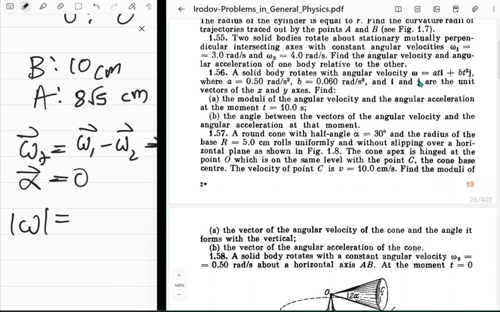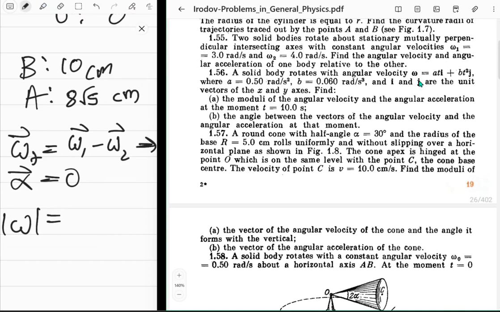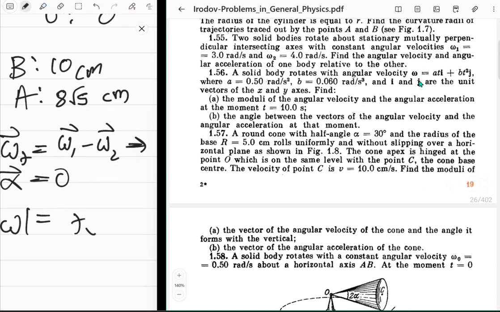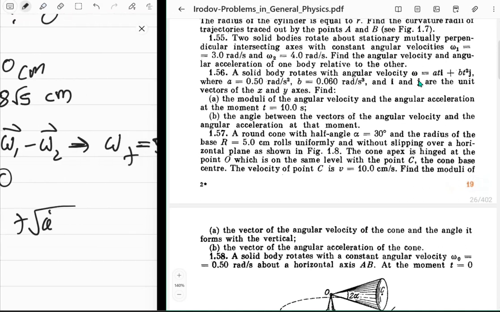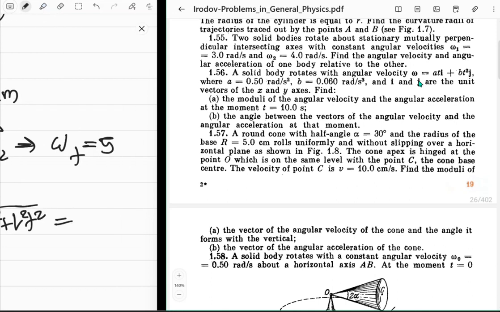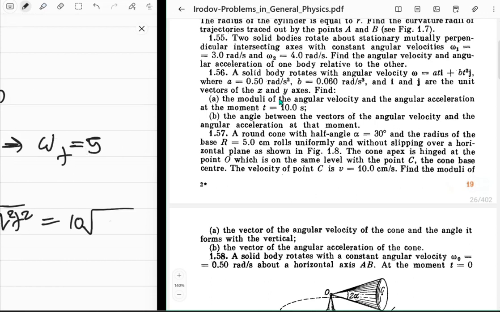Square root of this thing. Cool. So take that t out, square root of a squared plus b squared t squared, which is, at t equal to 10 seconds, this will be 10 square root of, what's a, is 0.5, so 1/4 plus b 0.06.